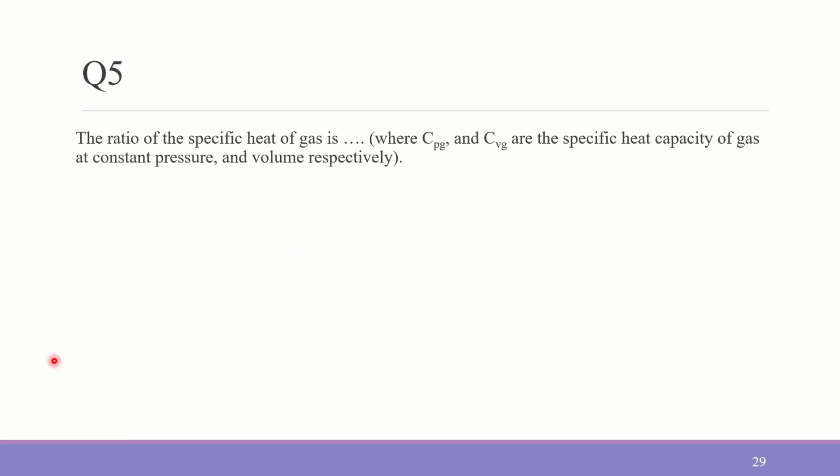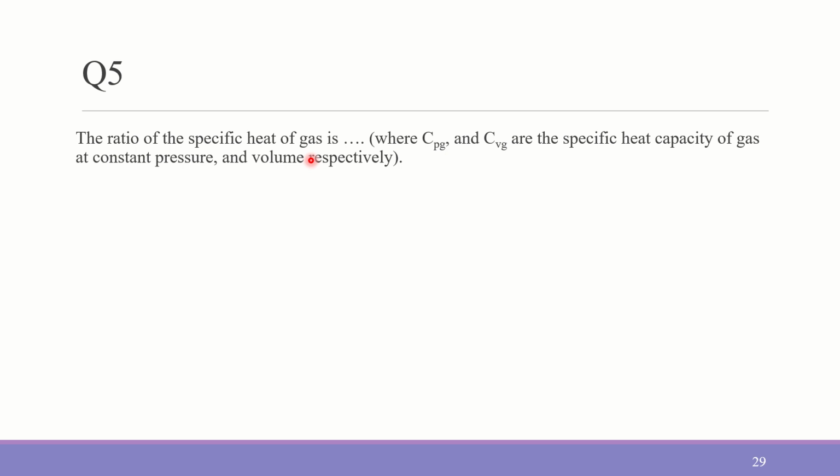The ratio of specific heat of gas is given by gamma. Gamma is equal to, we all know it as Cp by Cv, and in that formula Cpg is the specific heat capacity of gas at constant pressure and Cvg is the specific heat capacity of gas at constant volume.